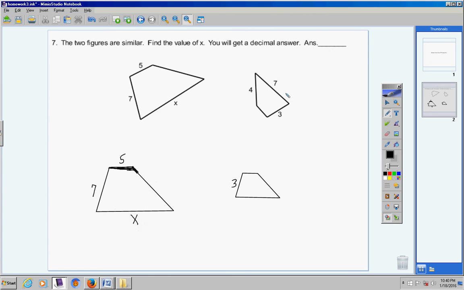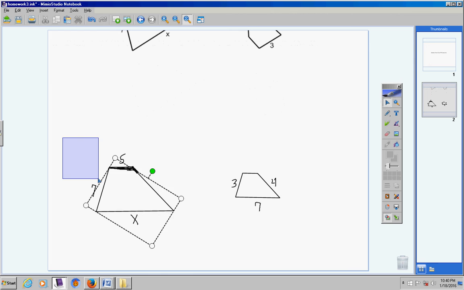Now, what's the bottom side right here? Well, if I rotated this thing, like I'm supposed to, this 7 would be down here. And this 4 would be the slanted side right here. Now, that really helps in seeing which side goes with which side.